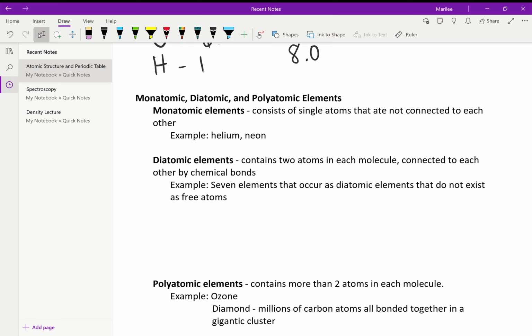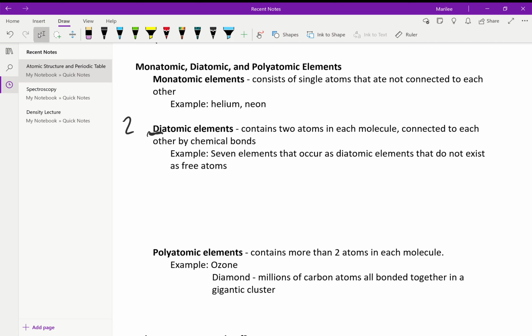There are 7 elements that occur as diatomic elements, and they do not exist as free atoms.